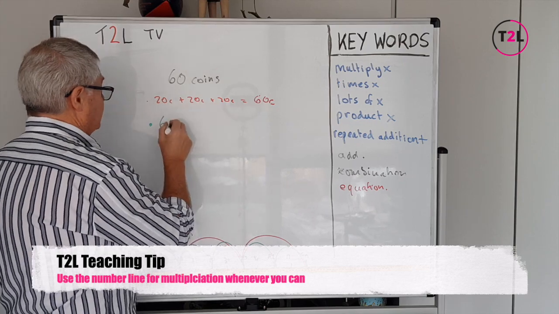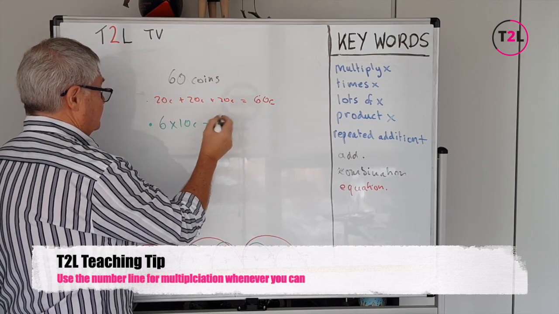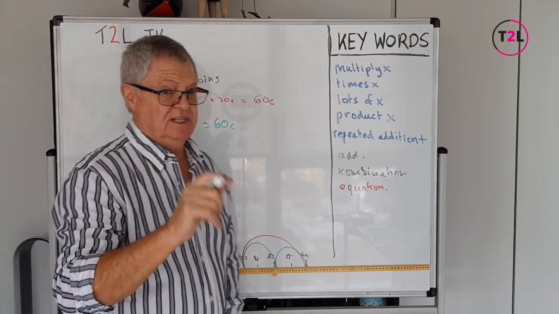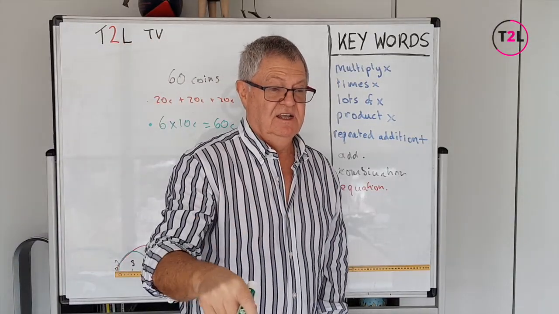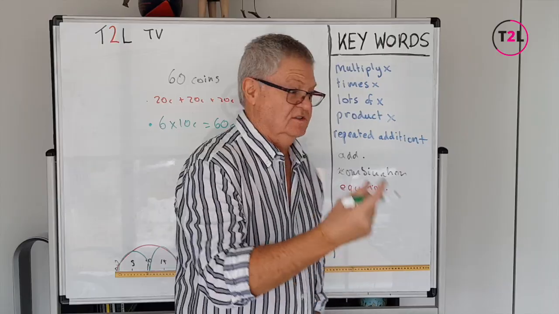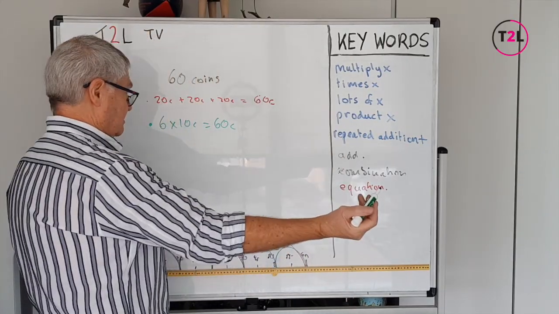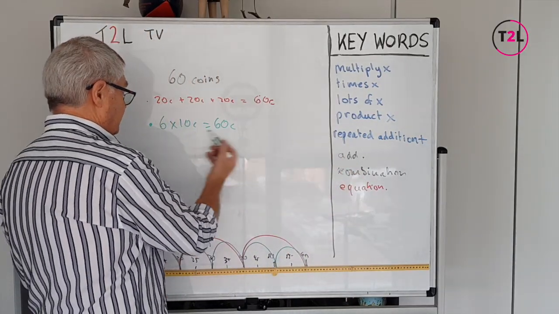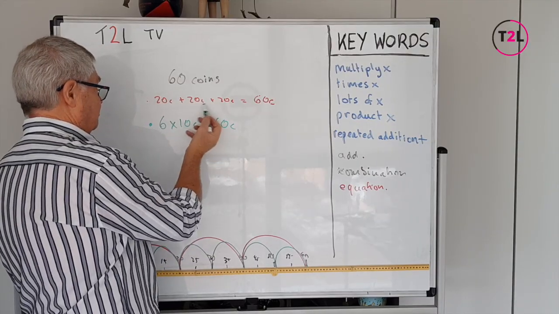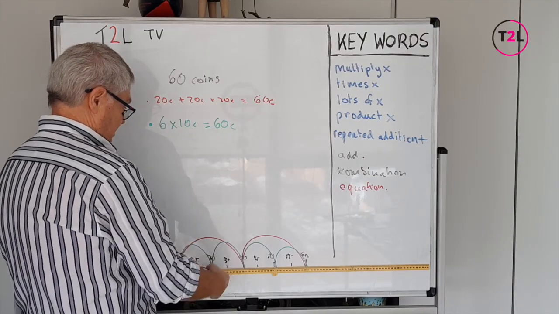It works. And you know what? You saved me a lot of ink, because instead of going 10 plus 10 plus 10 plus 10 plus 10 plus 10, you've said, well, I'm not going to use repeated addition, I'm just going to use lots of. And my marker is very happy with you, because that's all the space it took up. It even took up less than this one, which was 20, 20, 20, just 6 lots of 10.